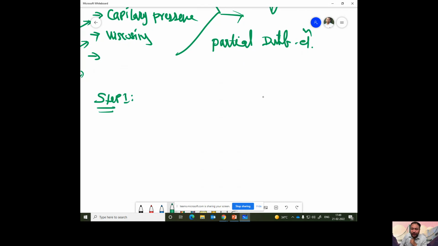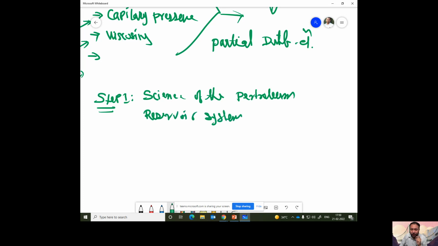Step number one is that we need to understand the science behind the petroleum reservoir system. We need to understand the science of the petroleum reservoir system.